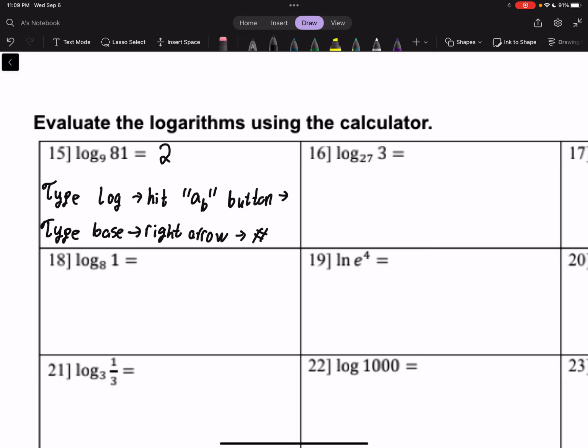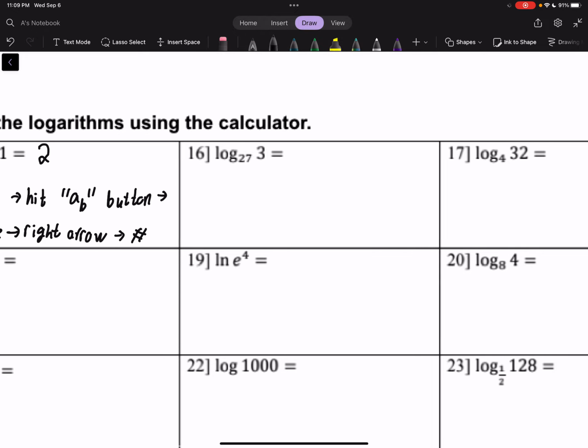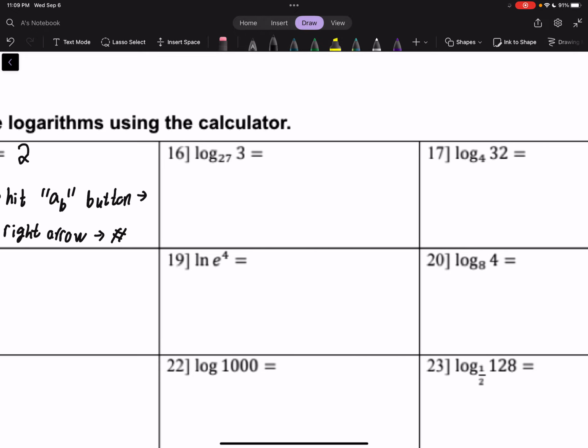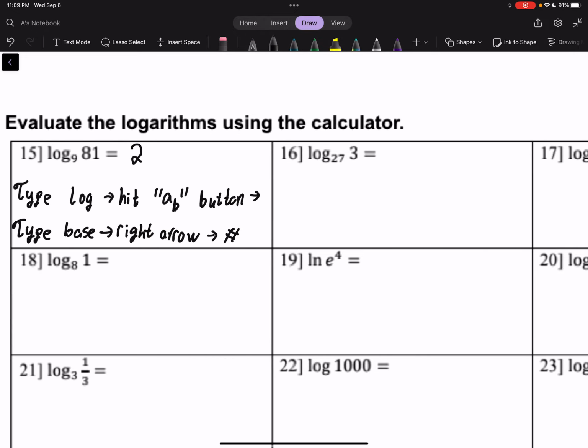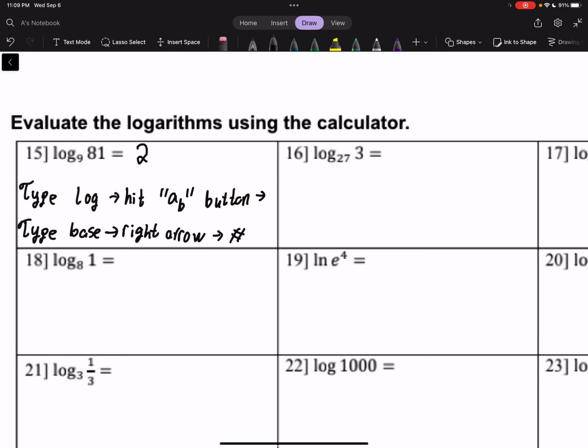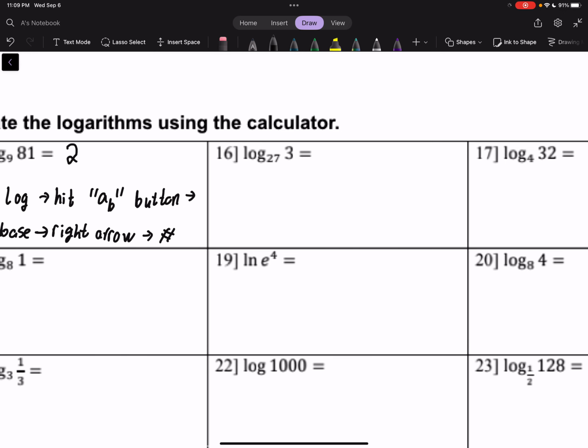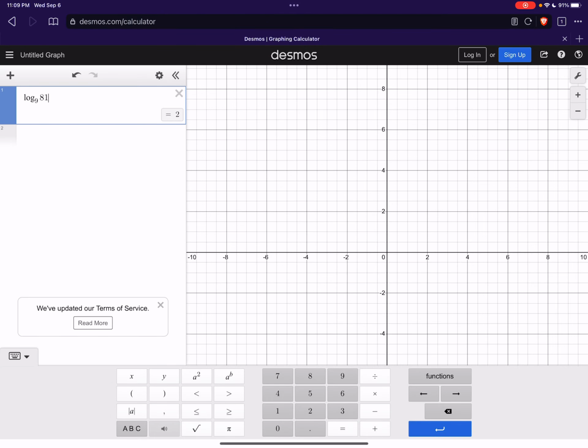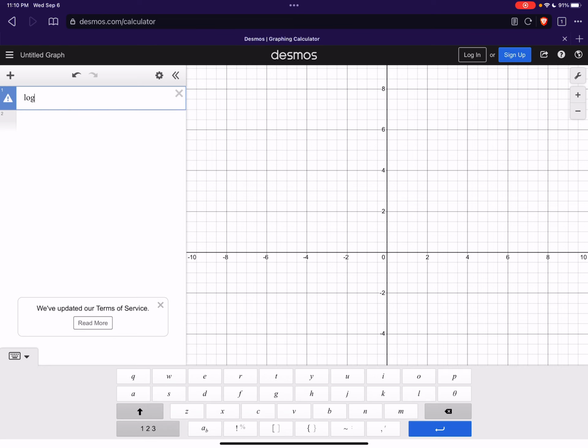Number 16. I'm going to show you the other way. If you're using a handheld calculator, you can do the method I just showed you, but it's a lot harder. Here's the other way. First, let's get the answer just to show you it works both ways. And I'm going to have to hit the AB button.